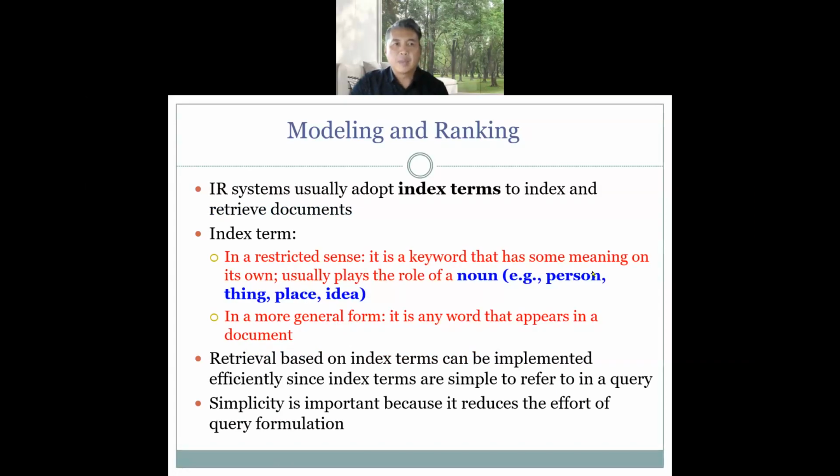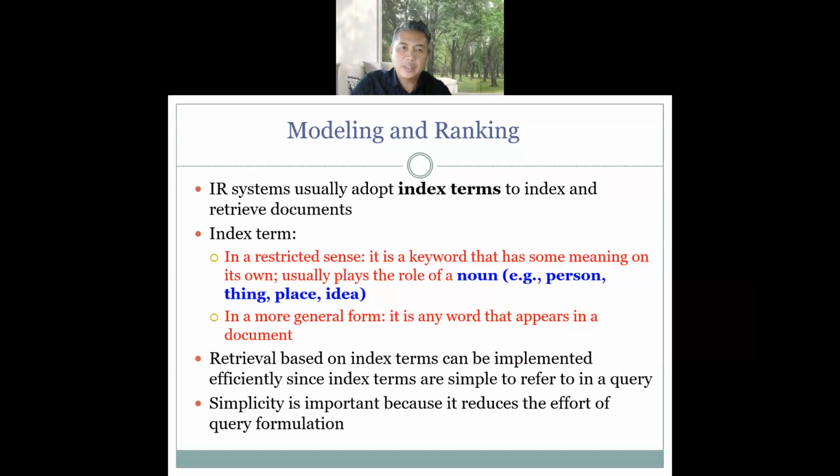Okay. So IR systems usually adopt index terms or keywords that they have in the document. It is easier to use keywords that carry some concept, or usually they take nouns like person, things, place, and idea to be the main index to tag the document.